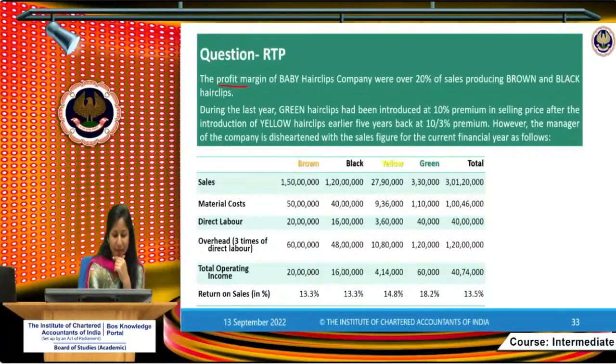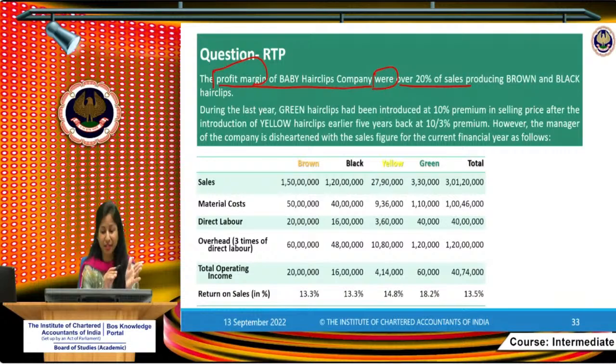The profit margin of the baby clips company, there is a company, were over 20% of sales. This is the previous information, not current information. They were producing brown and black hair clips, two kinds of clips, with a profit margin of over 20%.